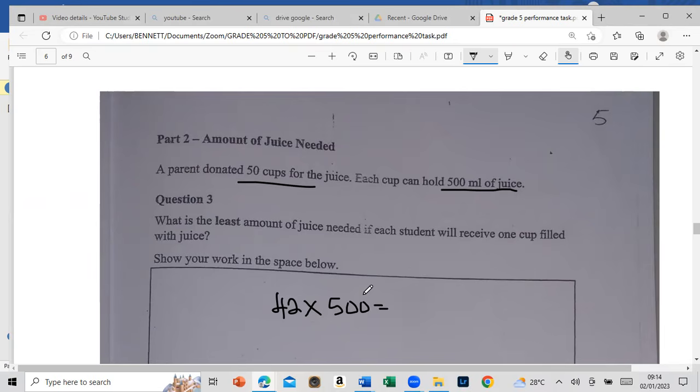So we're going to multiply 42 students by 500. So we could do 100, so that's about 4,200. So that works out to 21,000. So we're gonna need 21,000 milliliter.